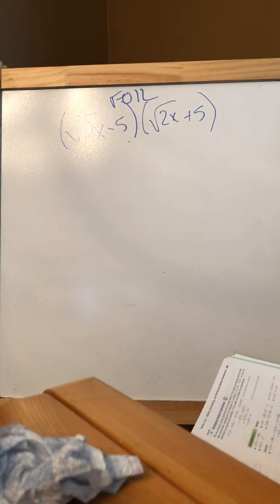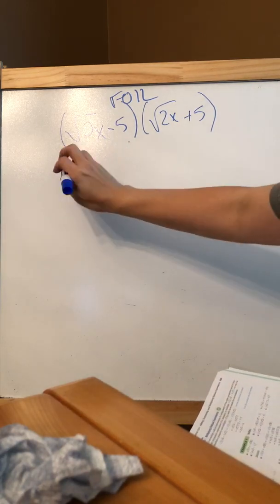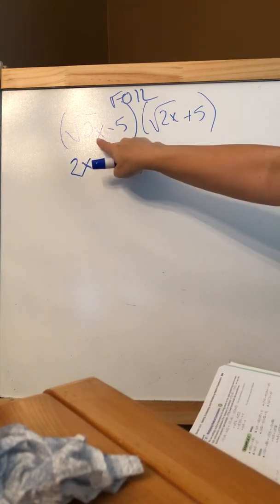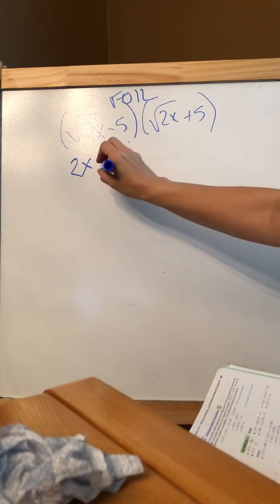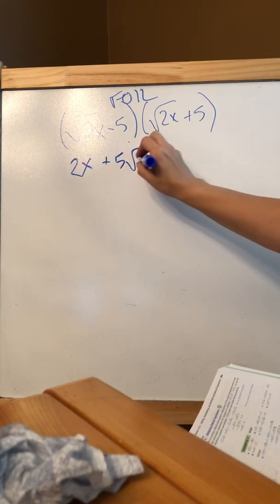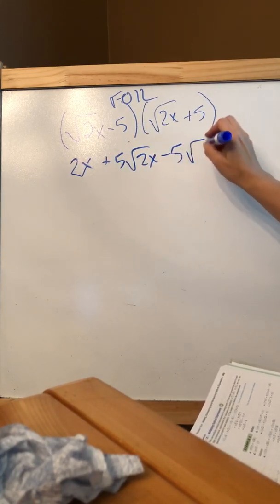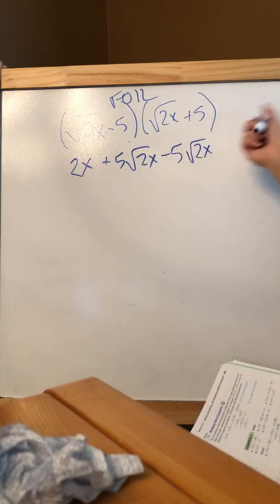Square root of 2x times the square root of 2x. We are squaring the square root, so we are just going to end up with 2x for our first. Our outside is going to be plus 5 times the square root of 2x, and our inside is going to be minus 5 times the square root of 2x, and our last is going to be minus 25.